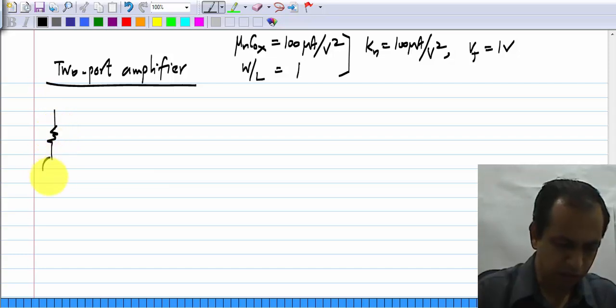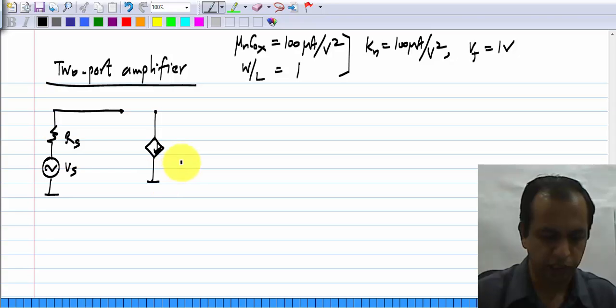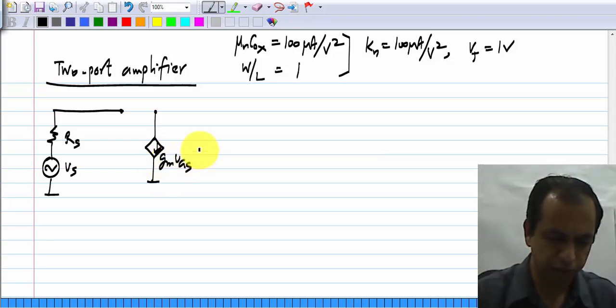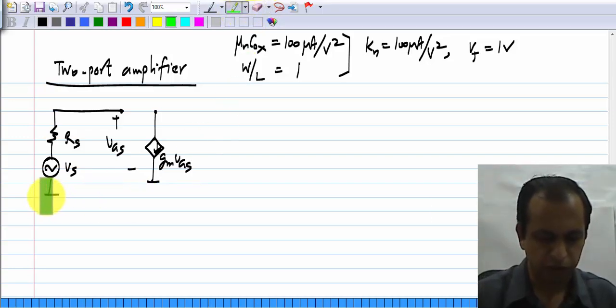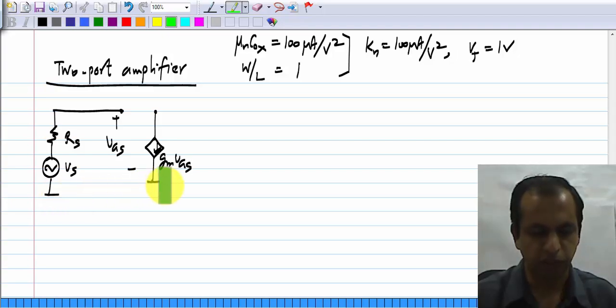So, now I said that a 2-port amplifier using a MOS transistor will have this incremental picture, where this is VGS. By the way, I will assume that all of you understand the meaning of this ground. All of these are connected together.